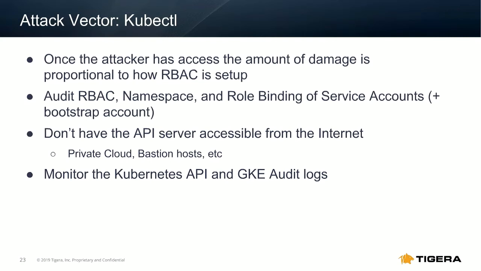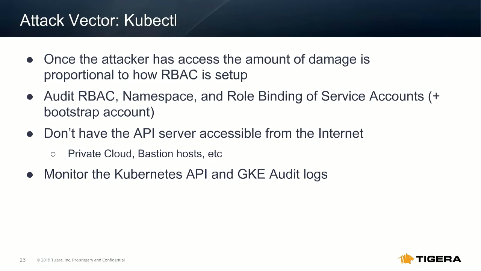But in our case, the attacker, me, didn't grab credentials that were useful. So what we want to do is audit the role-based access controls. We want to make sure the namespacing between the pods and services is correct. And we want to check all our role bindings for our service accounts, especially the bootstrap account.